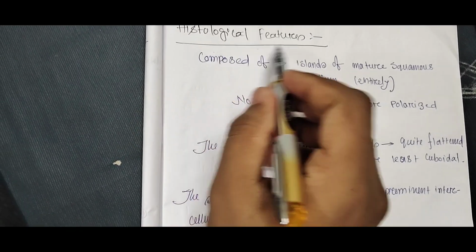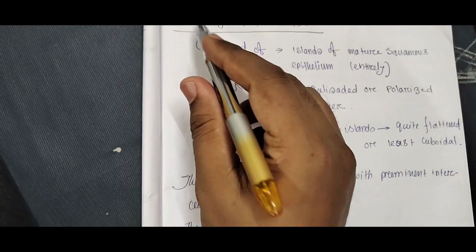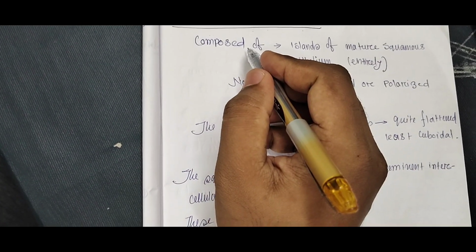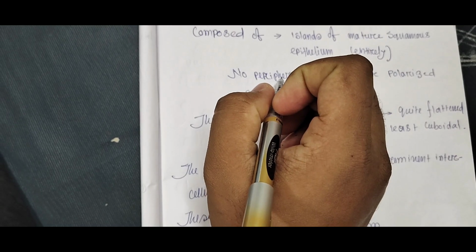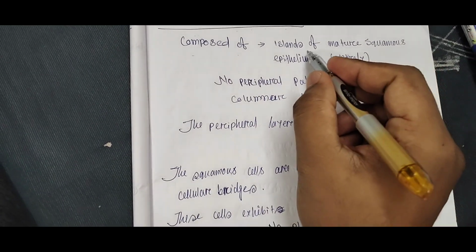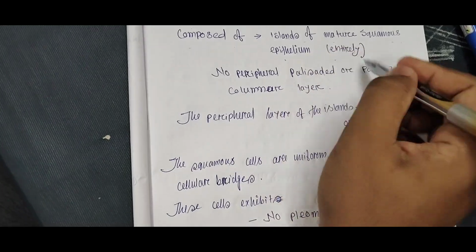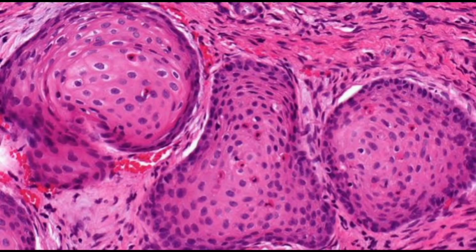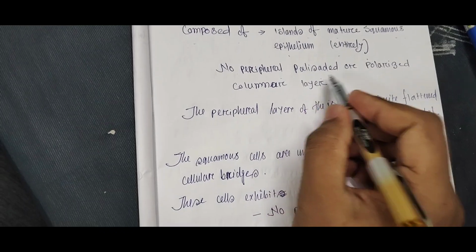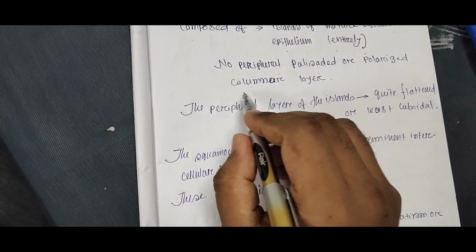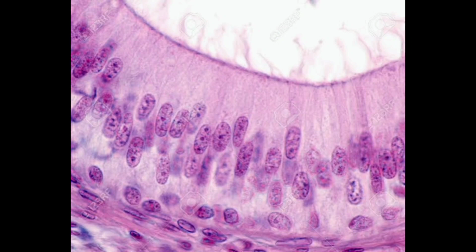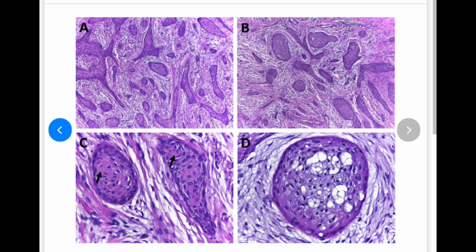Now, histological features. Under histological features, the squamous odontogenic tumor is composed of islands of mature squamous epithelium entirely, with no peripheral palisaded or polarized columnar layer. These are the columnar cells which are not present in the periphery of the islands. Figures A and B are the islands of the squamous cells, and C and D are the periphery of the islands.